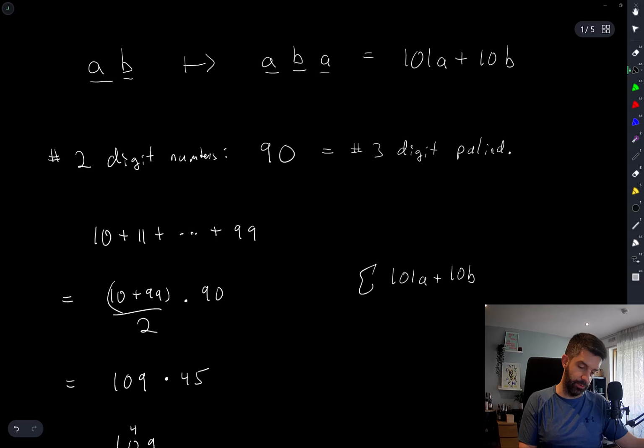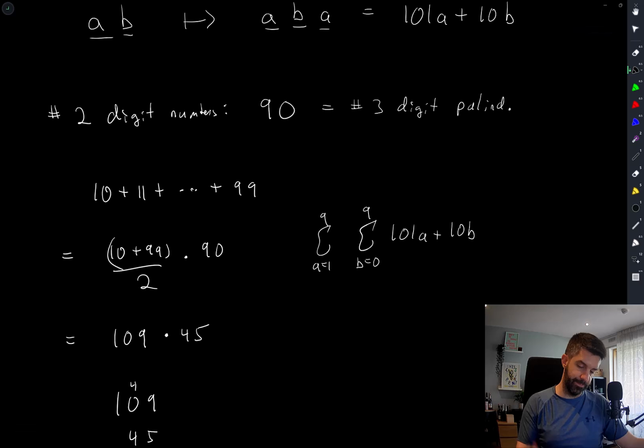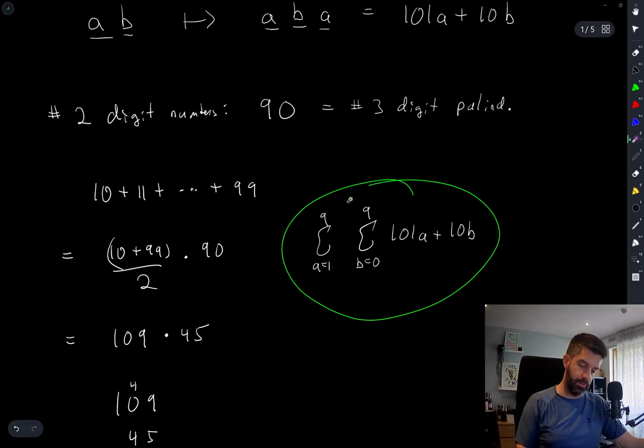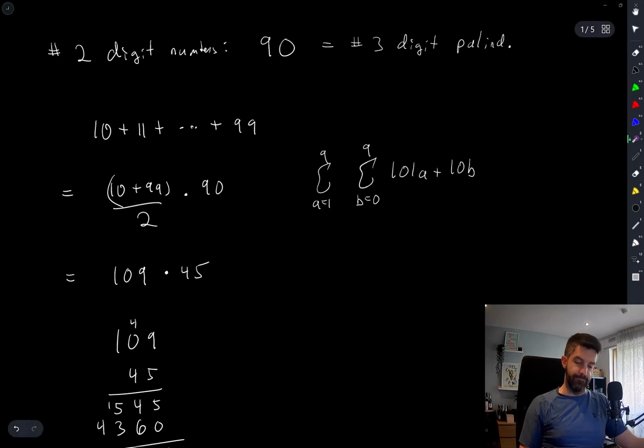you could even write it as a double sum. A goes from 1 to 9, and B goes from 0 to 9. And yeah, maybe that's a nicer way to work this out, keeping track of the fact that you have this double sum.